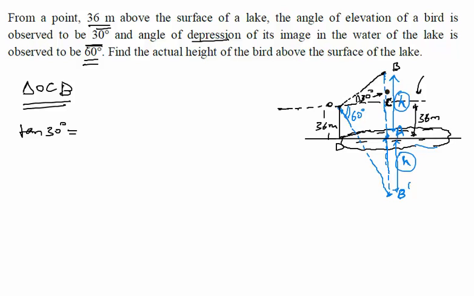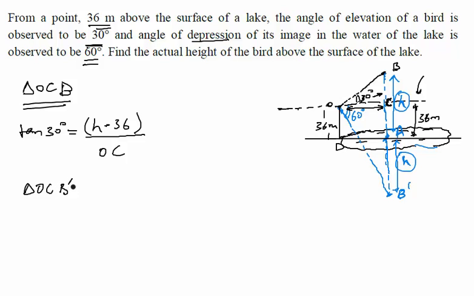This will give me BC, which is actually the perpendicular for triangle OCB. BC is equal to h minus 36. Now the base, let us keep base as OC itself, because I have a feeling that it will not matter, it will get cancelled out. So in this triangle OCB, I have written tan 30, which is perpendicular upon base, it is h minus 36 divided by OC.